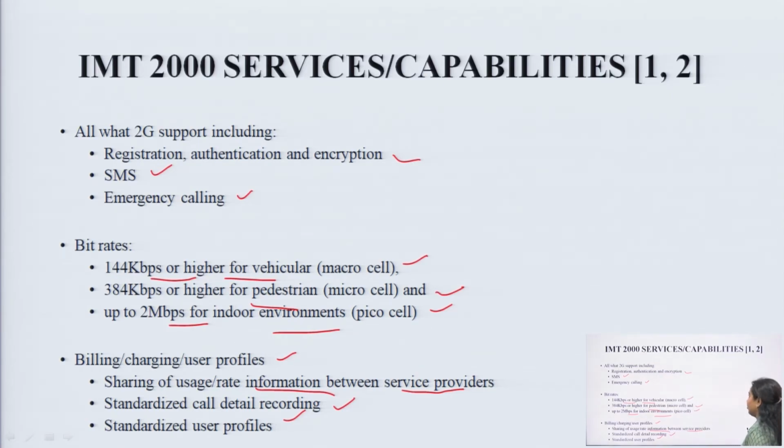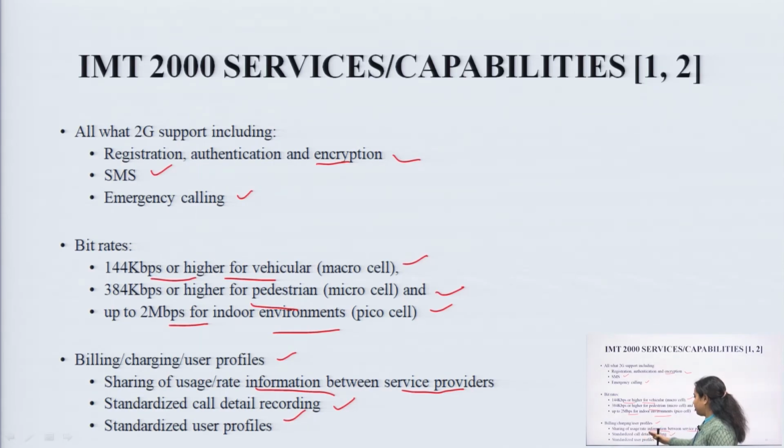So, these are some of the services and capabilities that are far different from the GSM or CDMA that is already available, but the only things common in both are that it provides registration, authentication and encryption, the SMS technique, and emergency calling, and the cell is divided into different sizes depending on the data rate it will support.